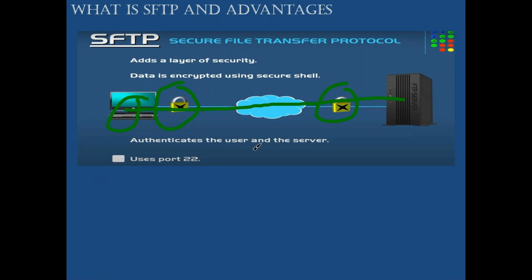So SFTP adds an extra layer of protection for our data. And all users must authenticate with the server, whether this user has permission to access the FTP and permission to access that particular file or not. If everything is there, then the file will be sent in the encrypted format. It is not going to send it in plain text.